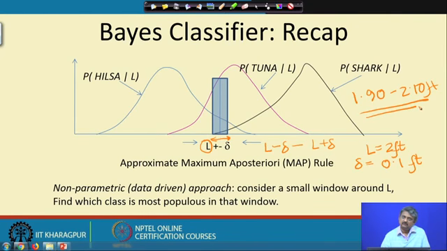In my training set, what is the count of fish having length between 1.9 to 2.10 feet? Let me call that count N H.